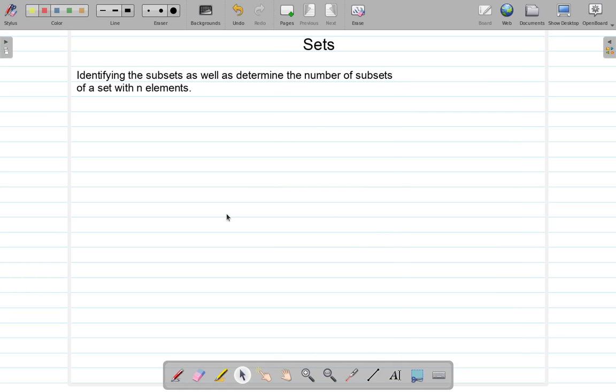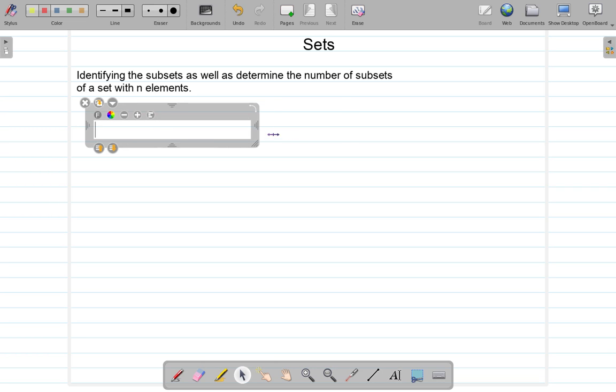We look at identifying the subsets as well as determining the number of subsets of a set with n elements. Now, we want to make a note first of all, before we look at the number of subsets within a set and identifying them.